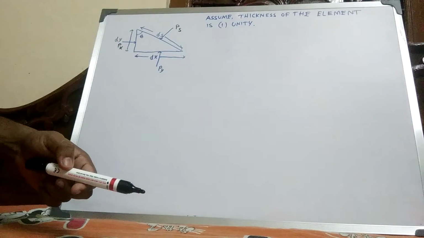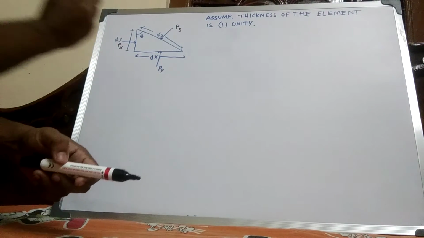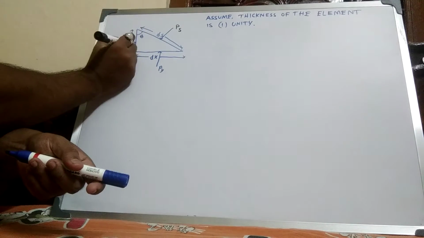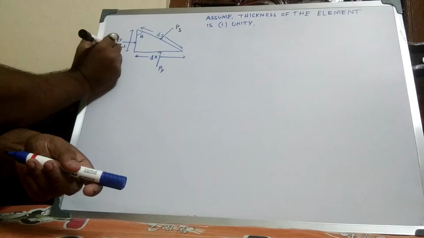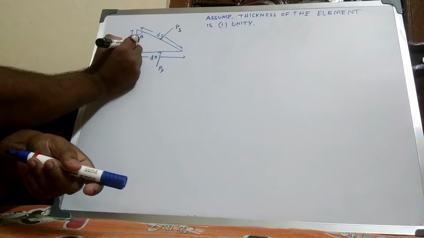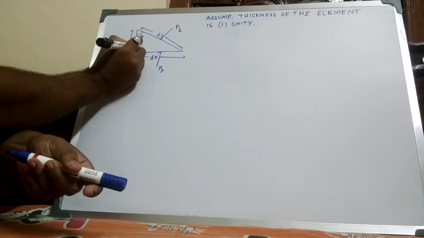Understand? So the force in the x direction is Fx equal to pressure into area, px into dy into thickness 1.